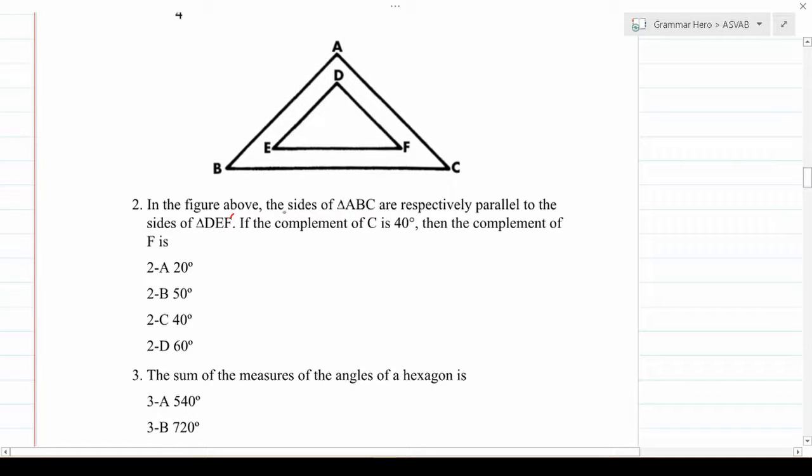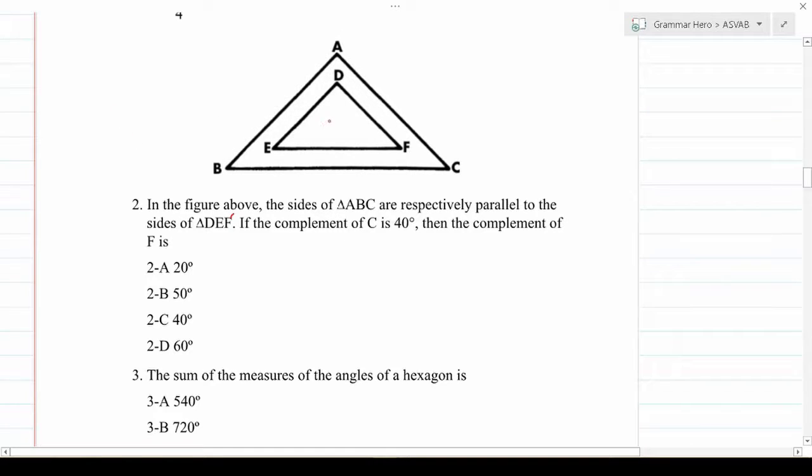In the figure above, the sides of triangle ABC are respectively parallel to the sides of triangle DEF. So ABC, DEF. If the complement of C is 40 degrees, then the complement of F is.